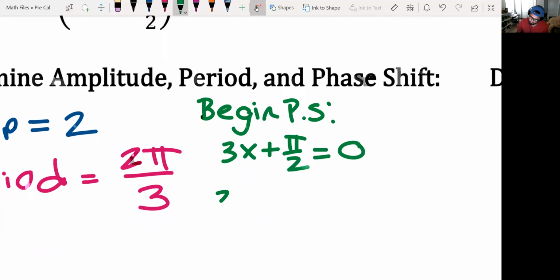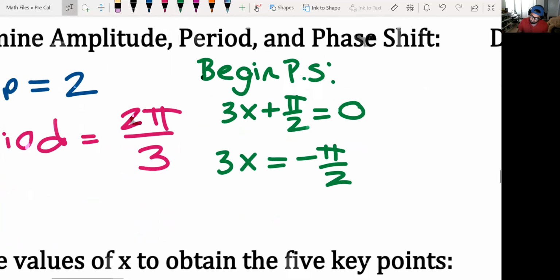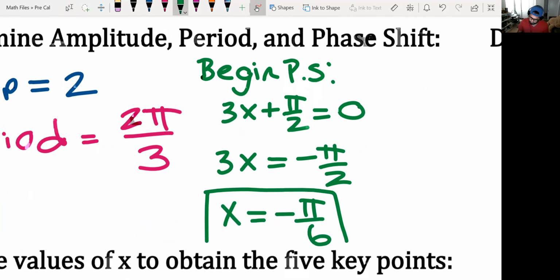We'll get 3x equals negative pi over 2. And then if you divide by 3, you'll get x equals negative pi over 6. This is where the phase shift begins.